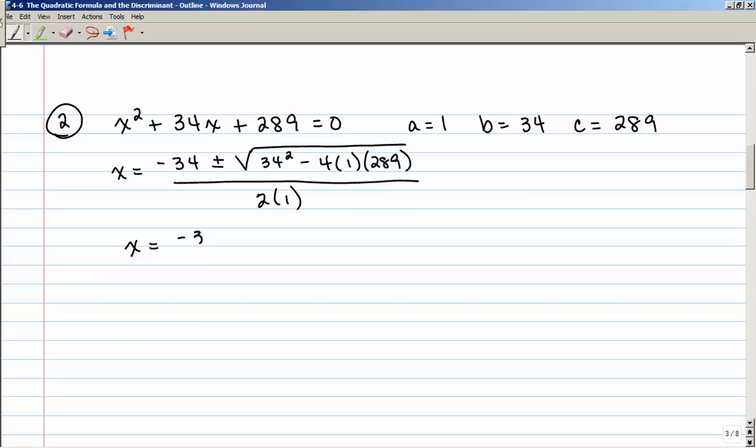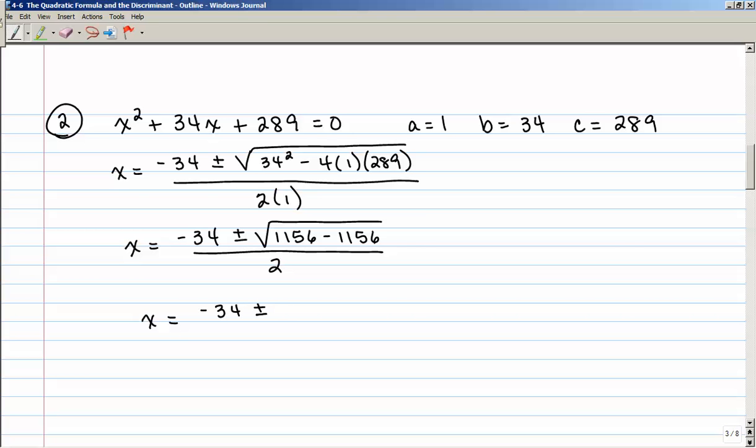Or x equals negative 34 plus or minus 34 squared is 1,156, and 4 times 289 is also 1,156, all over 2. It's going to give me x equals negative 34 plus or minus the square root of 0 over 2, which is the same thing as negative 34 over 2, or x is equal to negative 17.